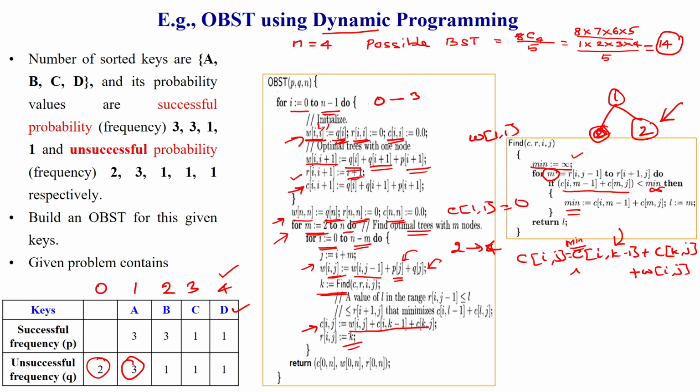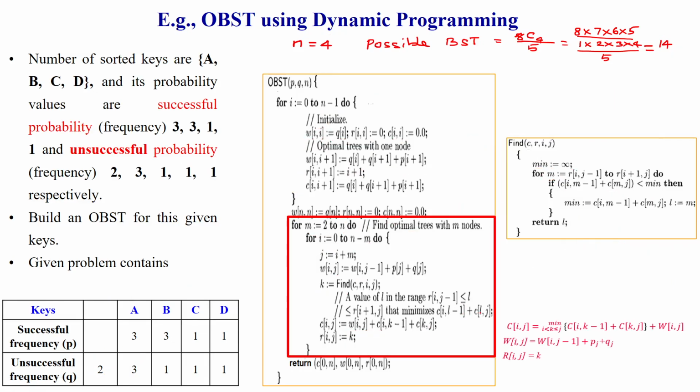Finally, the k which gives you the minimum will be considered as the root. So based upon this, I made the theoretical formula. You see c of i comma k minus 1 plus c of k comma j plus w of i comma j. So this formula.